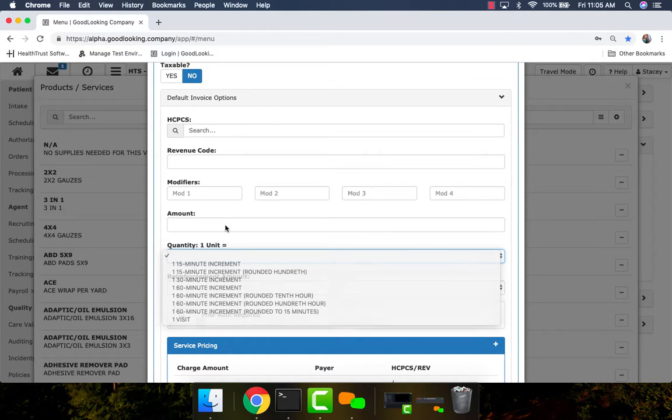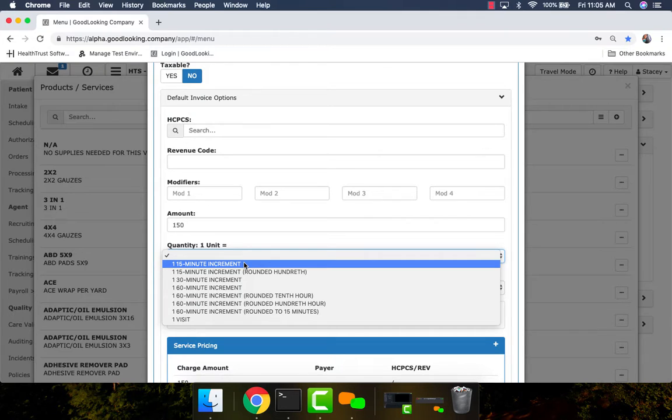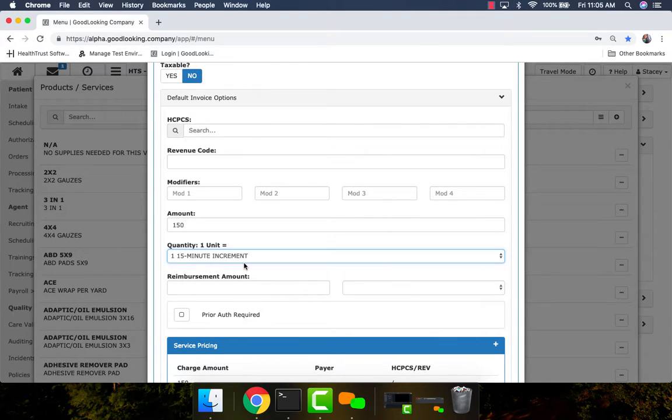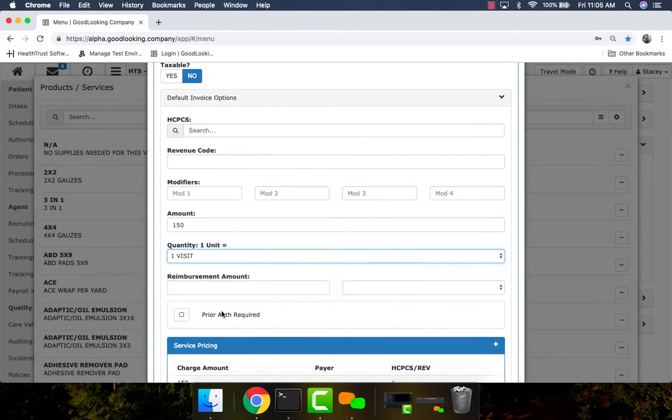So to give just some quick examples, if you want to bill $150, but have the quantity calculate in 15-minute increments, like we would do for a Medicare PPS claim, these are the settings you would want to utilize. If you bill $150 per visit, then you would choose the visit option, so that regardless of how long your therapist is out in the home, we're always going to bill with a quantity of one.